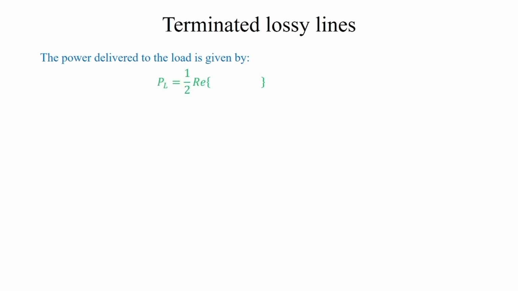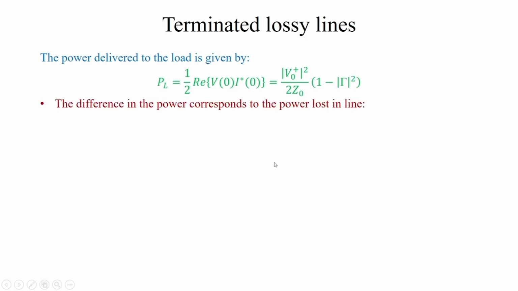This is given by half real part of V at z is equal to 0 multiplied by the complex conjugate of current at z is equal to 0, and we can write this as magnitude squared of V naught plus divided by 2 Z naught times 1 minus magnitude gamma squared, where gamma is the load reflection coefficient. The difference in the power corresponds to the power lost in the line.